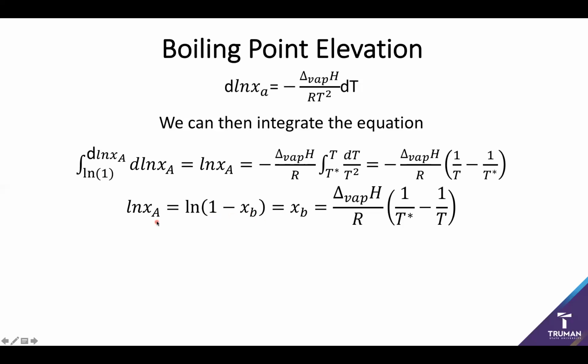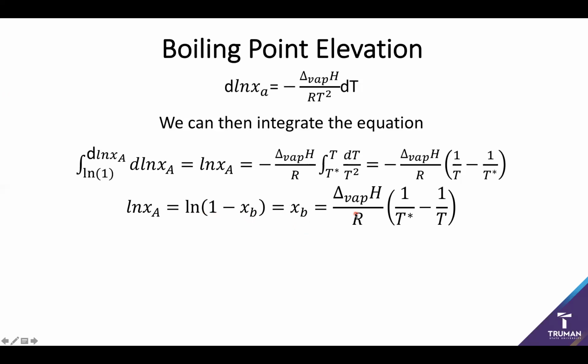So A is behaving as a solvent, which means that B is going to be exclusively a solute, or at very low concentrations. So as long as we're looking at it being a solute, let's use a fun trick of logs, which is that the natural log of 1 minus x essentially just gives us a value of negative x.